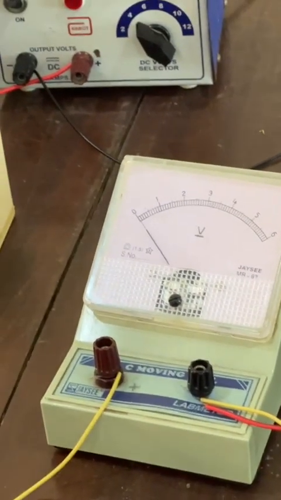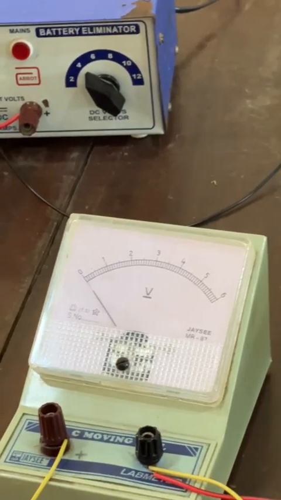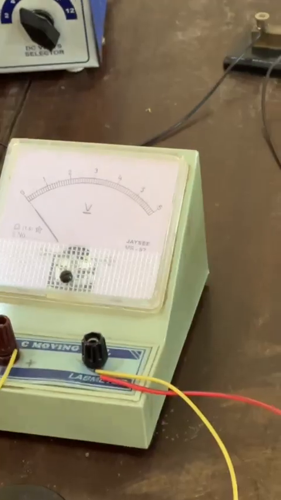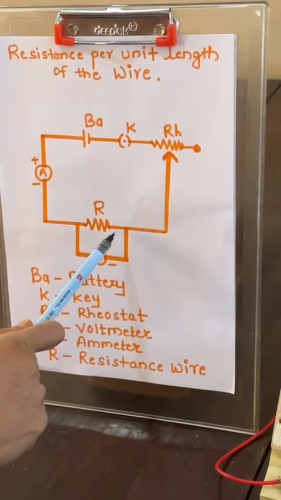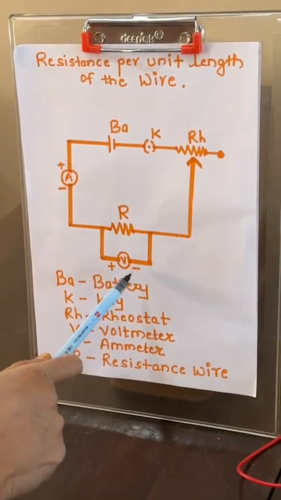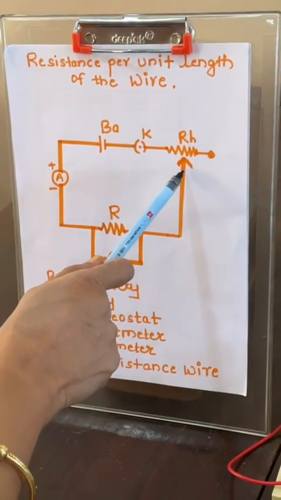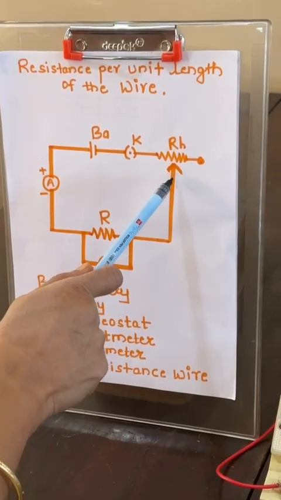Now let us see the circuit connection and how we are going to connect it. We'll start from the resistor. On the resistor, we have 2 wires. One is connected to voltmeter negative, another is going to the rheostat upper terminal.